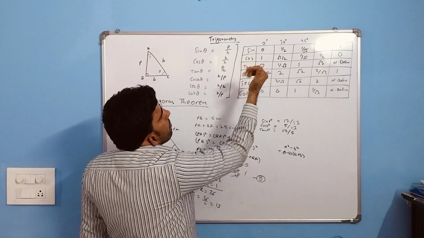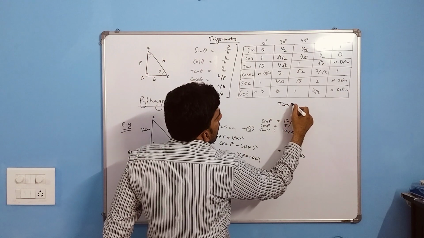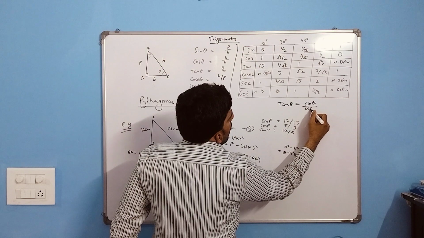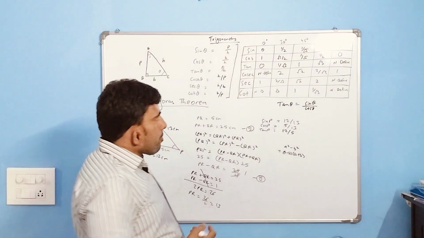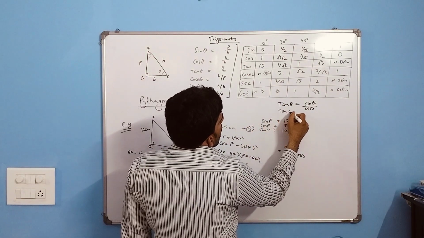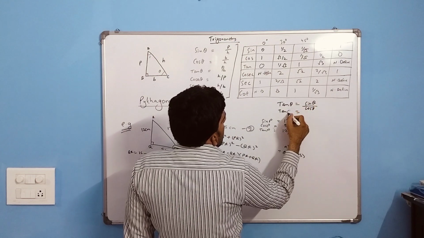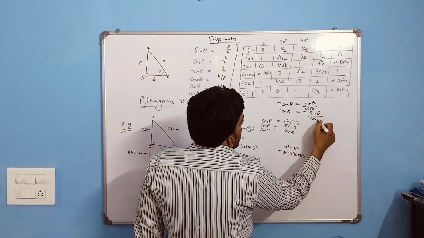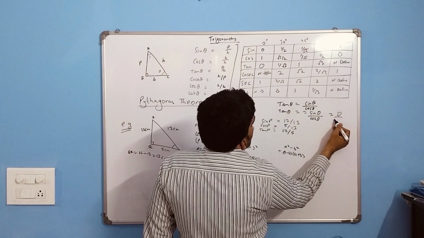Now how will you find the value of tan? There is a formula for tan. I can write tan theta is equal to sin theta upon cos theta. For example, if I take tan 0, it is sin 0 upon cos 0. What is sin 0? 0. What is cos 0? 1.